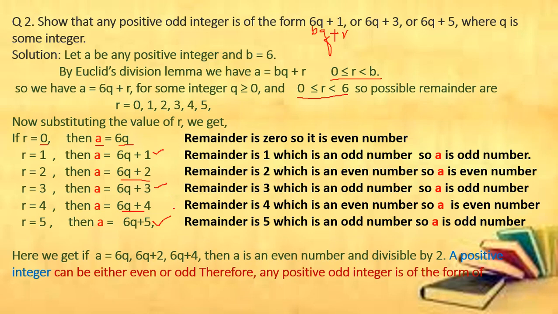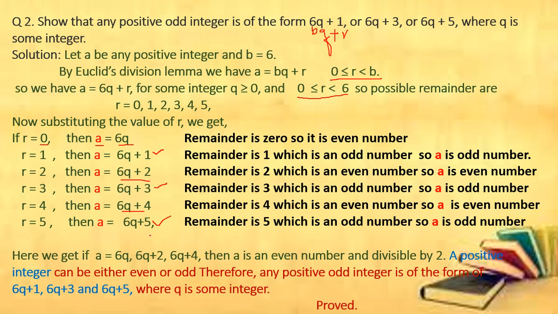So the formations for the odd numbers are only 6q plus 1, 6q plus 3 and 6q plus 5. Hence it is proved that any positive odd integer is of the form 6q plus 1, 6q plus 3, or 6q plus 5.